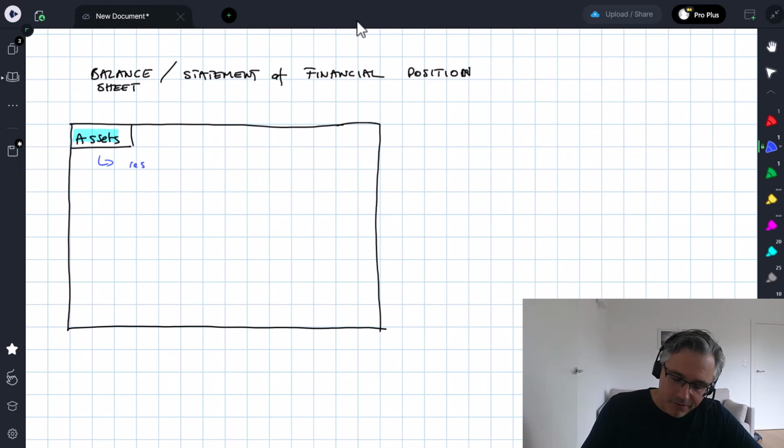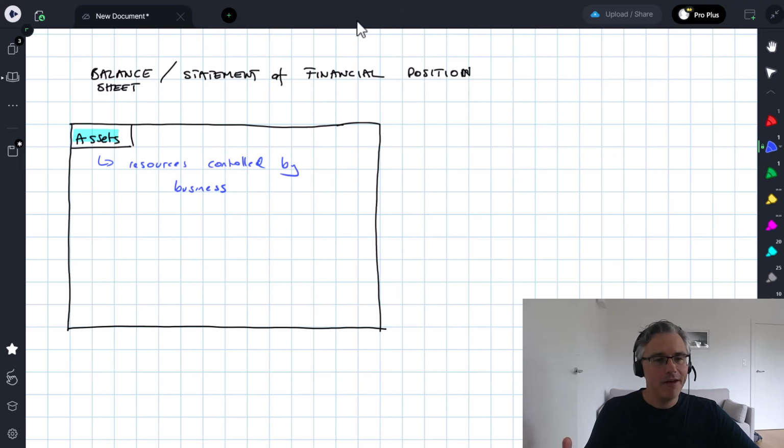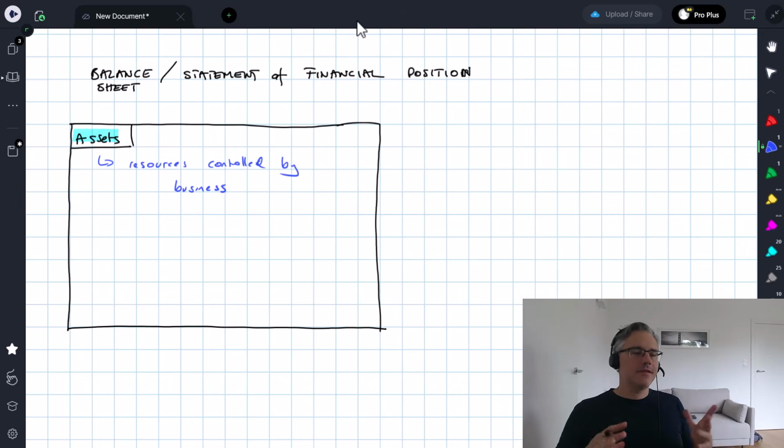These are generally resources that are controlled by the business or the entity preparing the balance sheet. Now, this idea of control is something you get into when you study this section of the curriculum. For now, just trust me that the definition involves the word controlled, although most people will probably think that an asset is something that the business owns from a legal perspective.